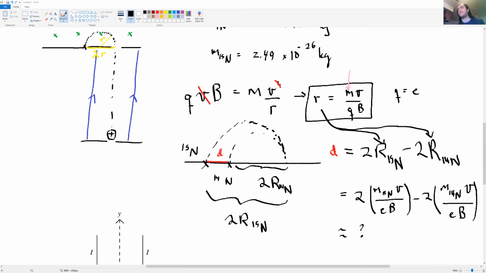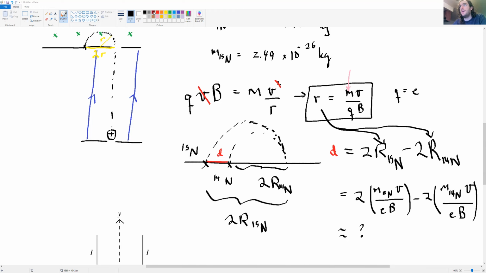Oh, they do give us something though that we haven't used yet. They tell us the radius of the carbon-12 atoms or ions, right? We haven't used that information yet. So that's what we have to do now.